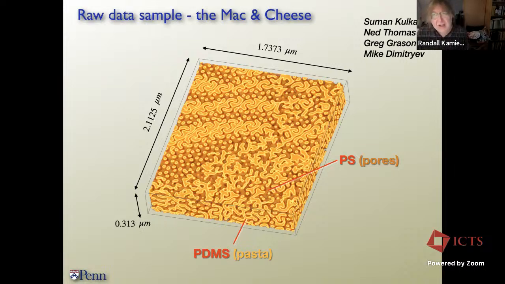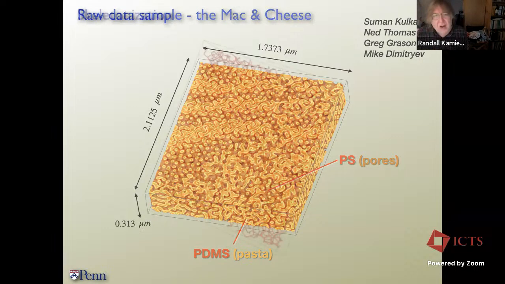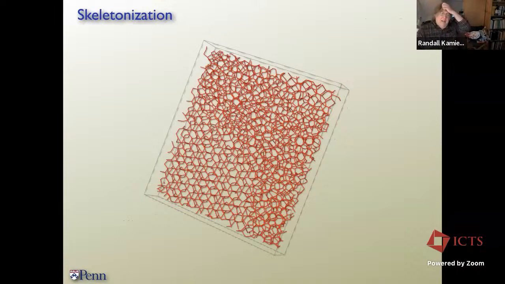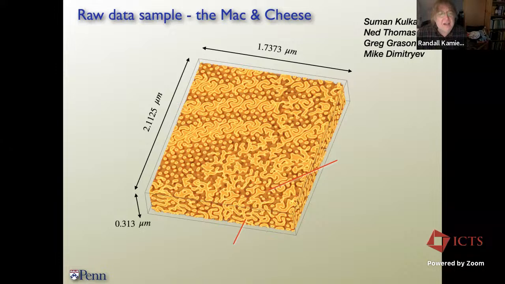And in fact, this is data from Ned Thomas. What they do is they build the skeleton. So they say, oh, what does the network look like that is separate, right? So they say, okay, there's a network of PDMS and there's a network of polystyrene. And now we reconstruct where the network is.